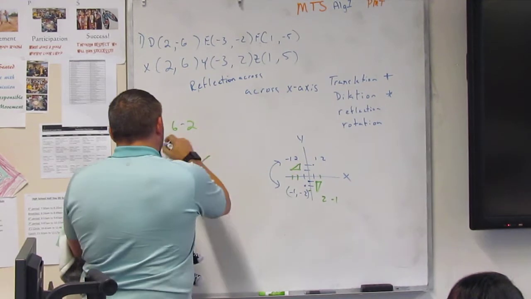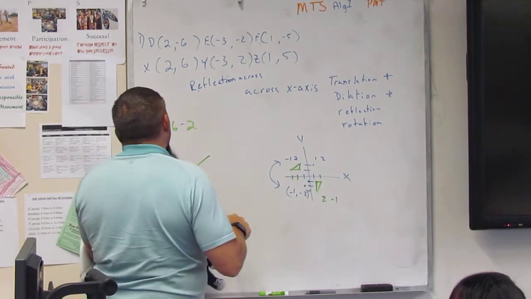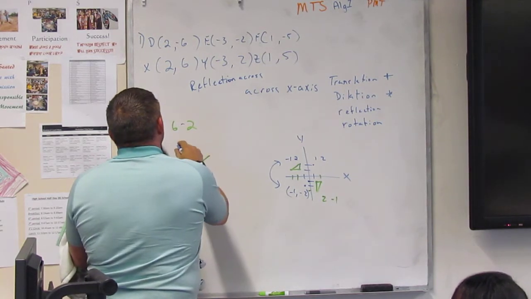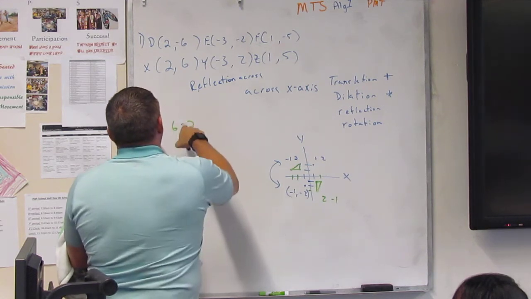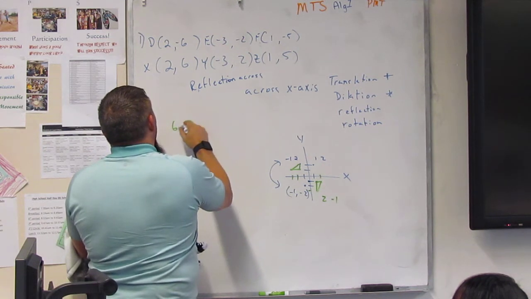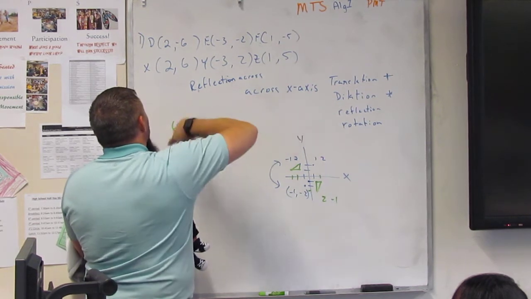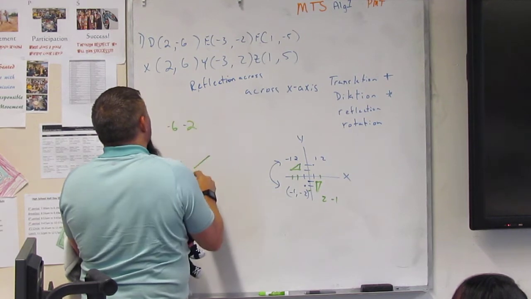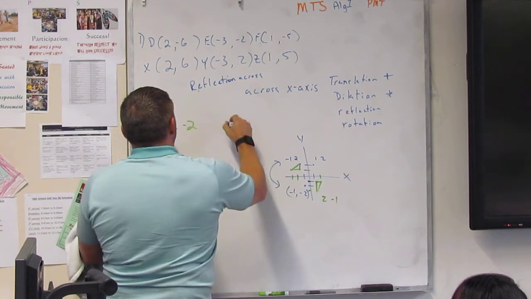So 90 degrees, and then 180 degrees, only one changes. If you go in the x direction, one will change. So positive 90, one of these would change, and then if you go in the other direction, the other one would change.